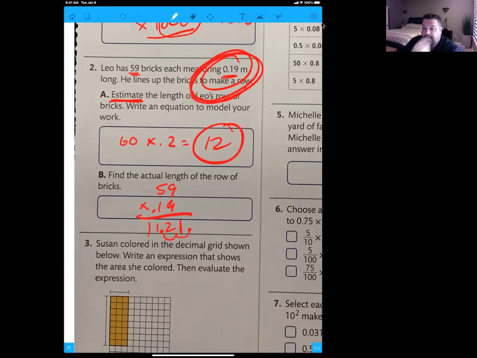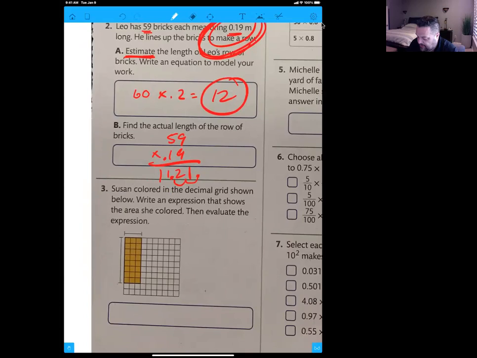That's another thing to think about. If you have what is basically 20% of 59 bricks, 100% of those bricks would be 60. So you can't get an answer that's more than 60 because you only have 20% of the bricks. You have to get something a lot less than 60. So that would be number 2.